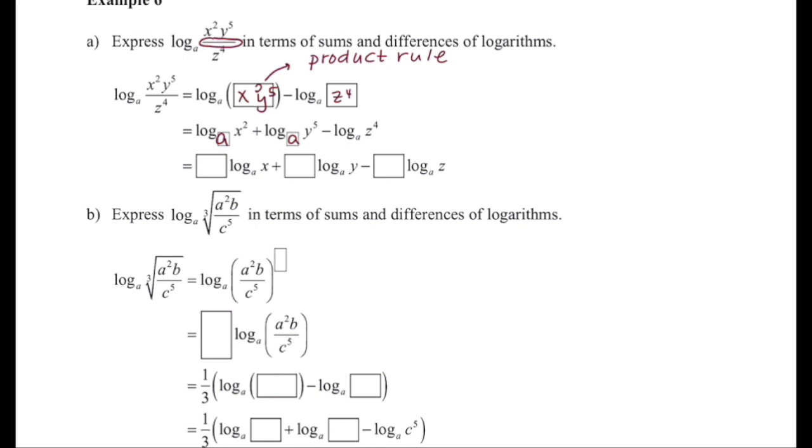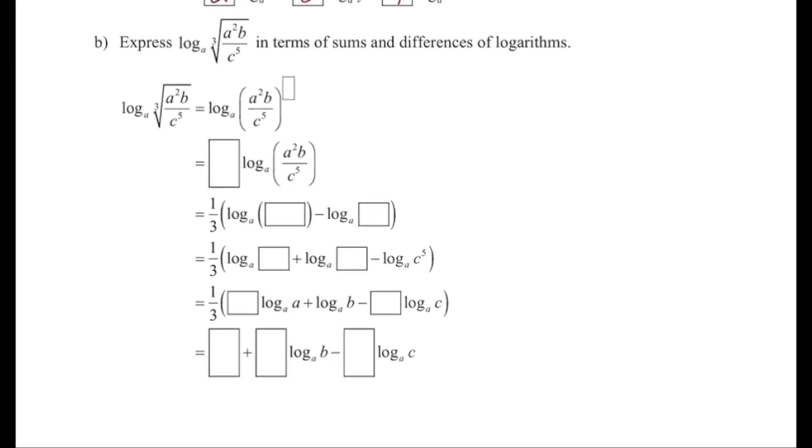The last thing we can do is use the power rule for each one of our exponents, bringing them out in front of the logarithm, providing us then with 2 times log base a of x plus 5 times log base a of y minus 4 times log base a of z.